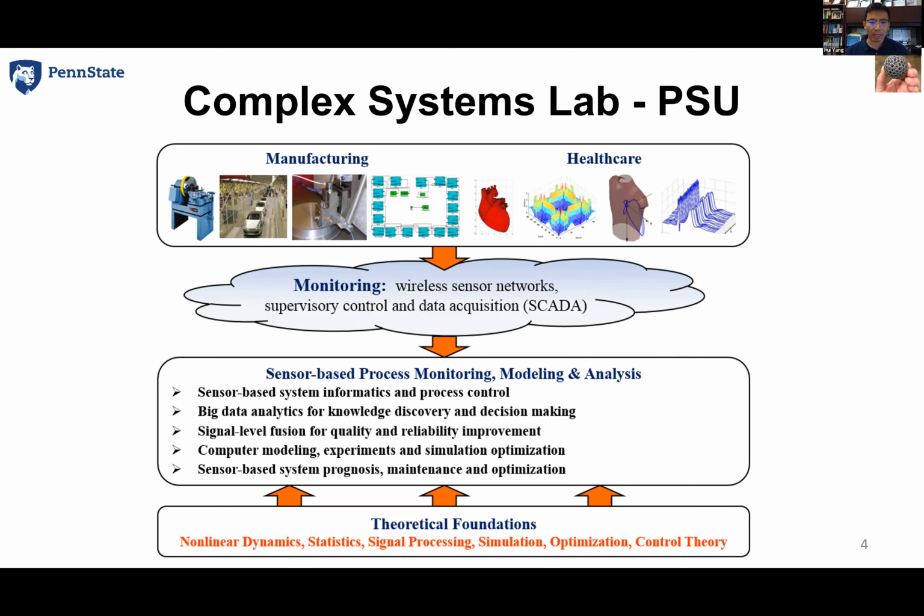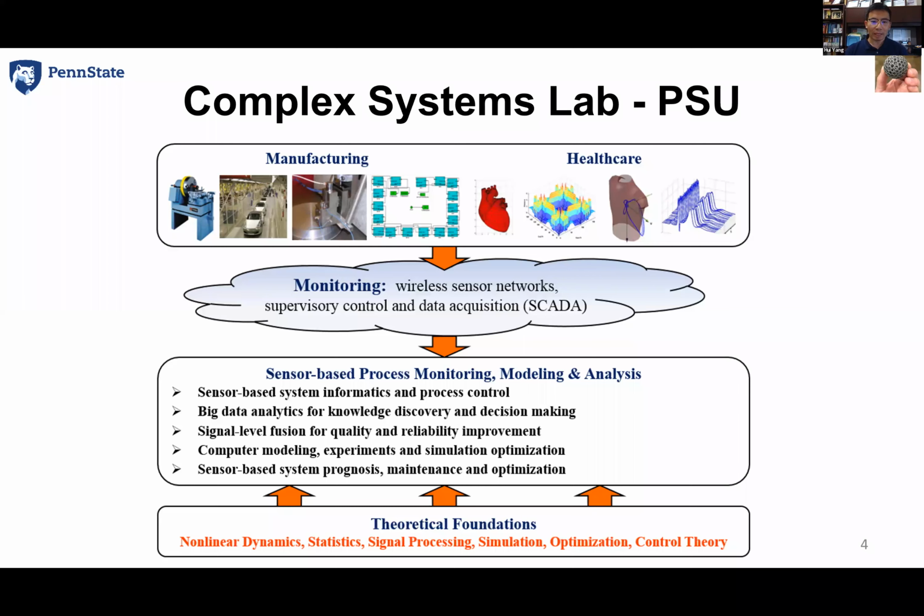Those sensors collect a lot of data. If you have thousands of sensors, it becomes a supervisory control and data acquisition system. We also call it a SCADA system. SCADA is widely used in industry, whether it's a hospital, power plant, chemical plant, or manufacturing plant, and we use those sensors to increase information visibility and also address system complexity. But advanced sensing brings big data.